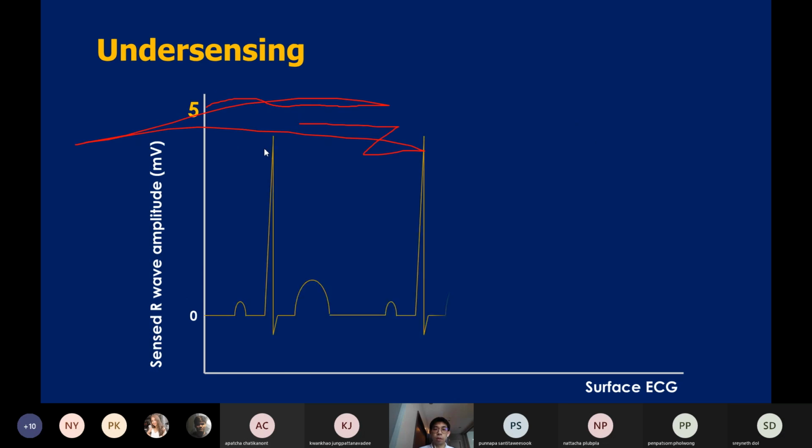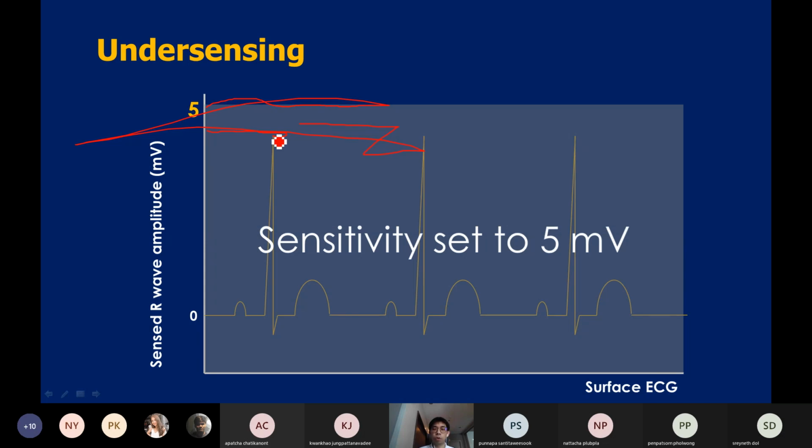It's the same with this one. The R wave amplitude is less than 5, but you set the sensing threshold at 5 millivolts, which is too high. So the pacemaker could not see the intrinsic rhythm, and this event we call undersensing.